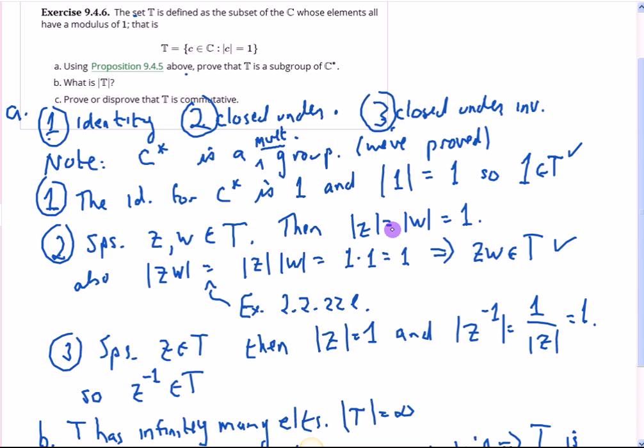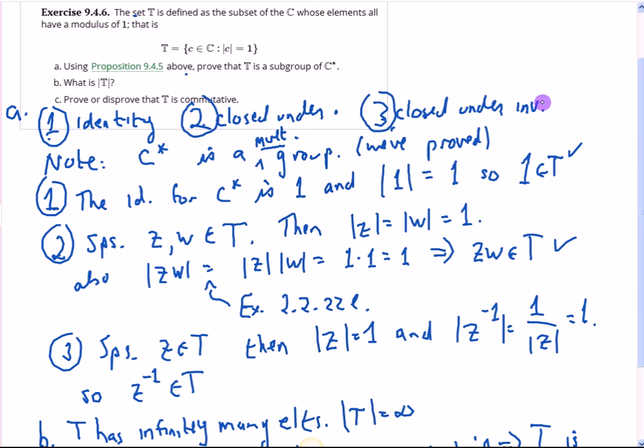So let's verify that the norm or modulus of zw is 1. Well, the modulus of zw is equal to the modulus of z times the modulus of w. You can go back to chapter 2 to see that that's true. Modulus of z is 1, modulus of w is 1. 1 times 1 equals 1, so the modulus of zw is 1. zw is in T.